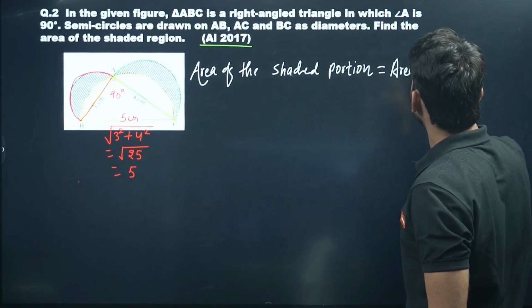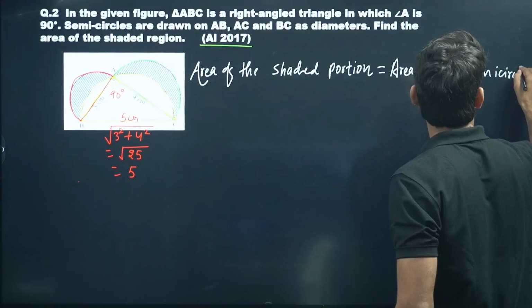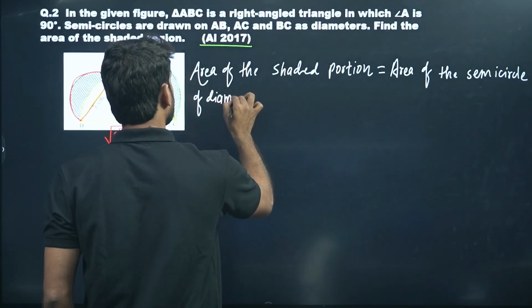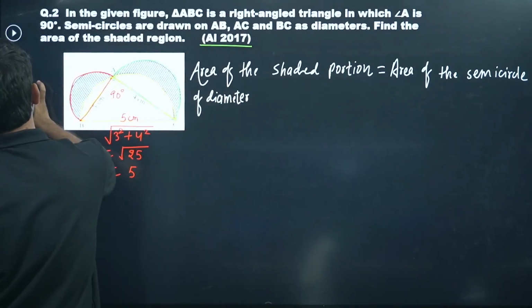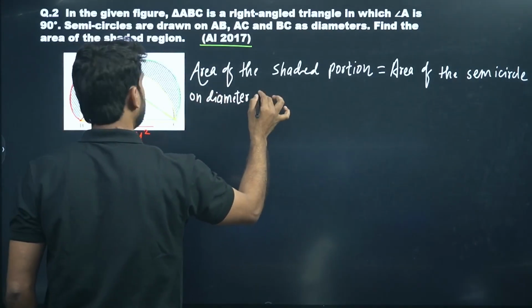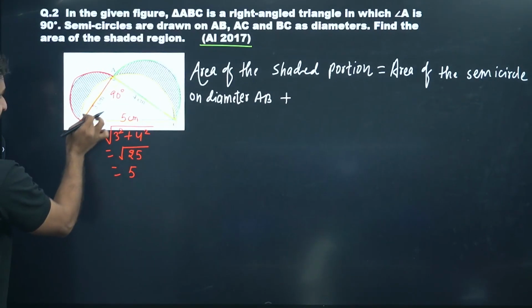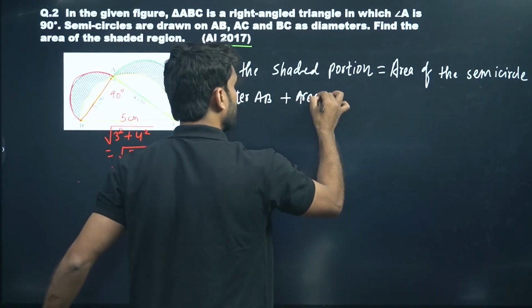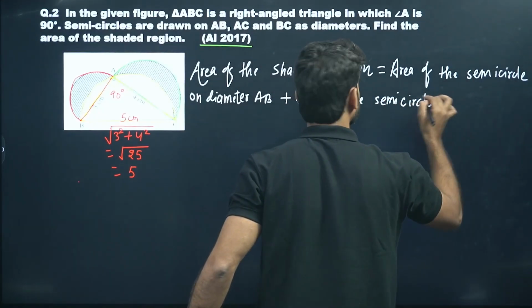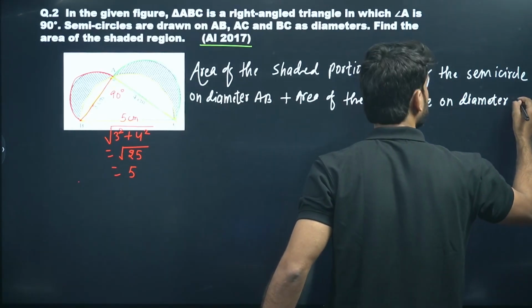Area of the semicircle on diameter AB, plus area of the semicircle on diameter AC.